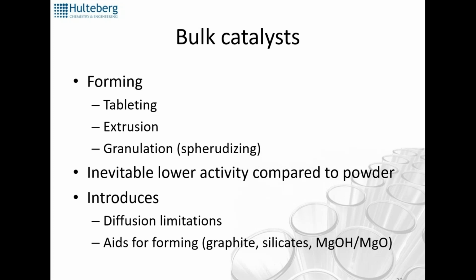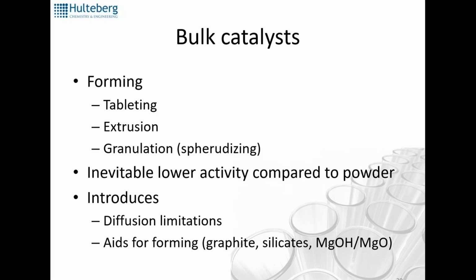The bulk catalyst, the formed tablets, extrudates and granules, will have a lower activity compared to the powder. This is because the forming of these materials will introduce diffusion limitations. And we might also need to add different aids like graphite, silicates, or magnesia talc to help us in the forming, especially for tableting.